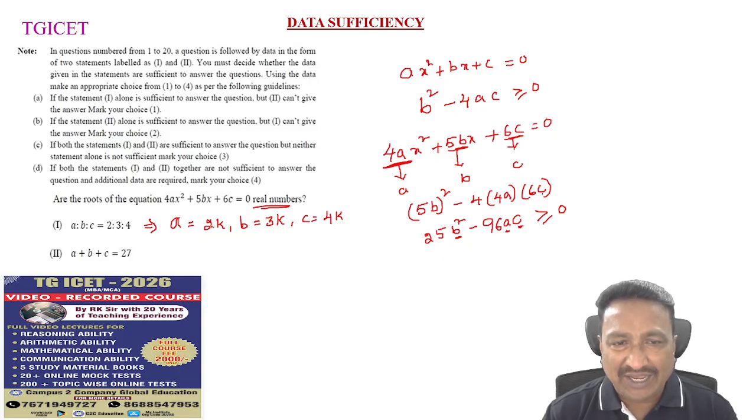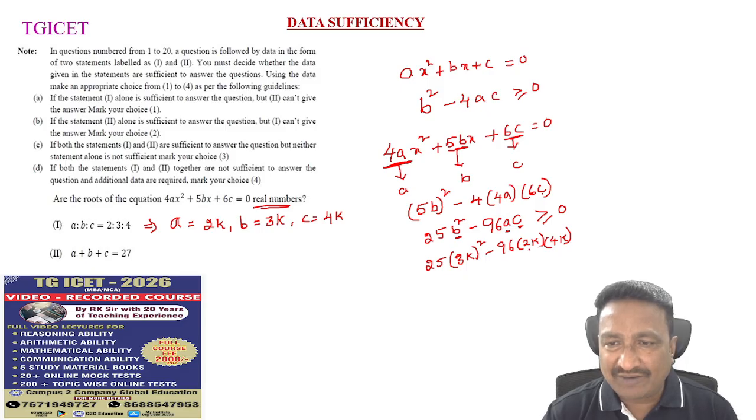Now put the a, b, c values in this equation. So 25 into b equals 3k whole square minus 96 into a equals 2k and c equals 4k.